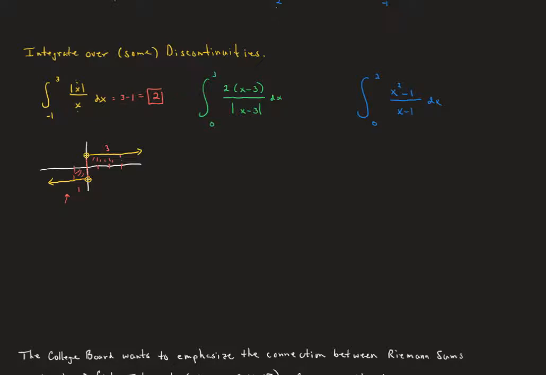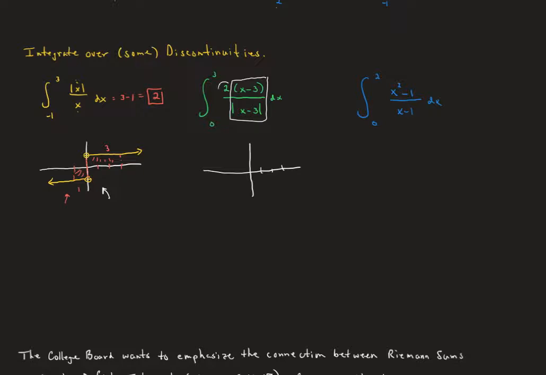Now the next one is just a variation on the one we just did. So I moved the absolute value to the denominator. That doesn't really change much. We still have this x minus 3 over the absolute value of x minus 3. The x minus 3 part is going to translate our graph over to 3. So instead of having the discontinuity at 0, the discontinuity is going to be at 3.